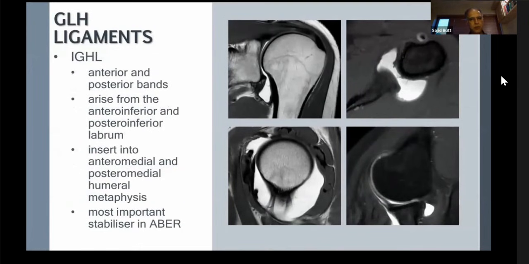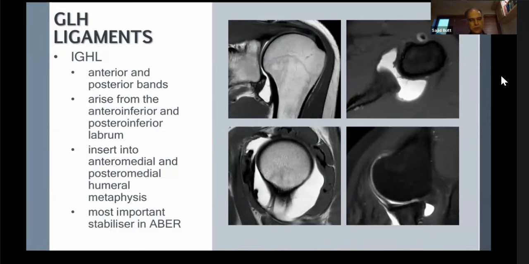The inferior glenohumeral ligament arises from the anteroinferior and the posterior glenoid labrum, and it attaches onto the humeral metaphysis. This is a structure which gets really taut when you image somebody in the position of abduction external rotation.